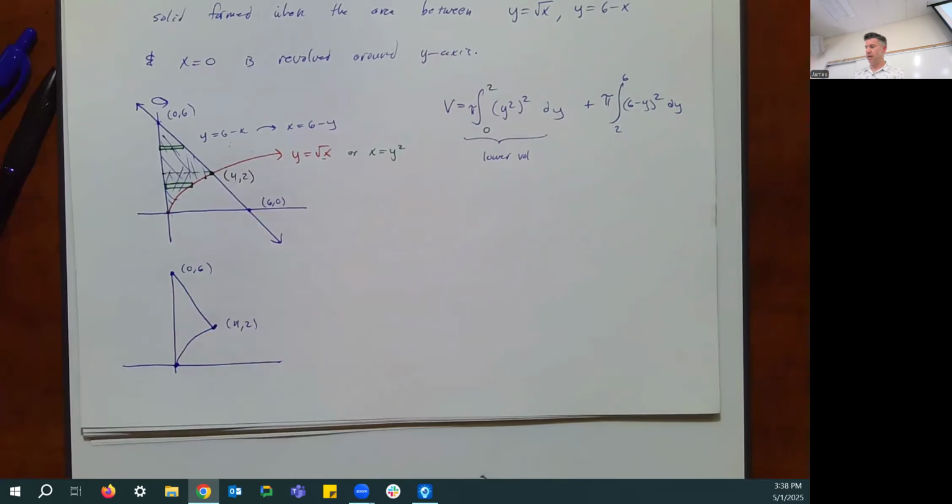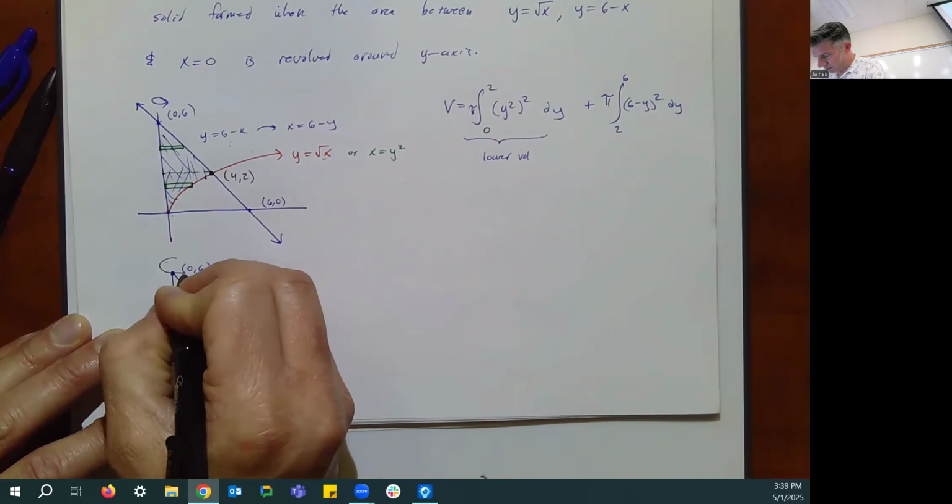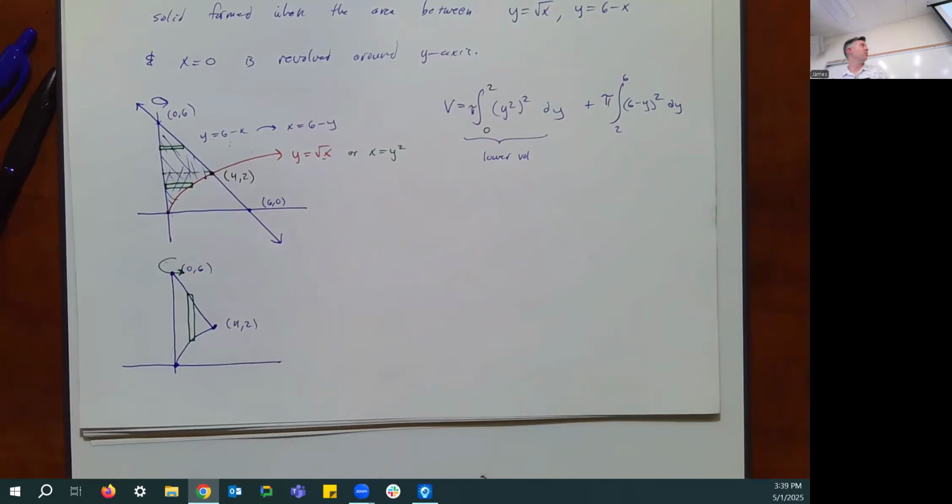Now the idea is that instead of using a strip that's perpendicular, we're going to use a strip that's parallel to the axis of rotation. When we revolve that vertical strip around an axis that's parallel to it, we're not going to get a disk anymore or a washer. We're going to get a cylindrical shell.